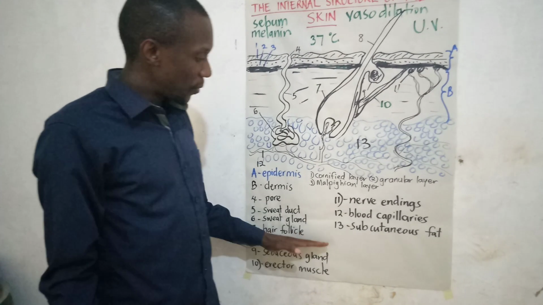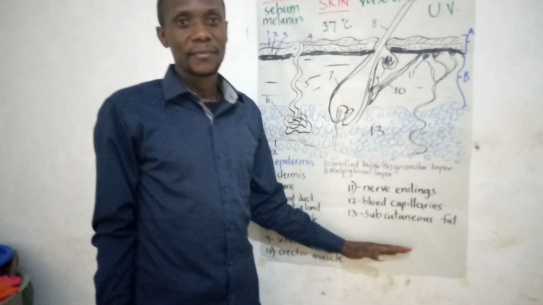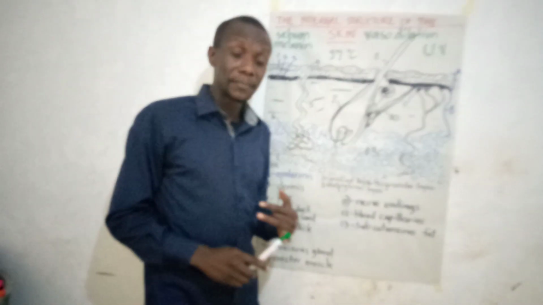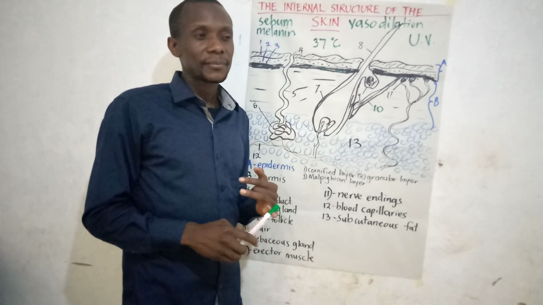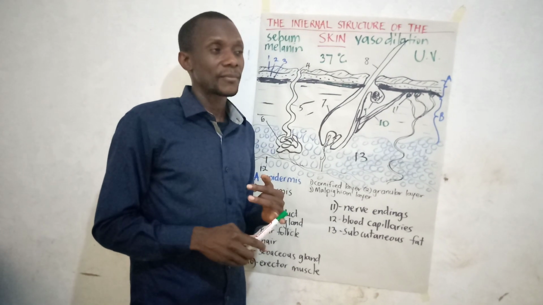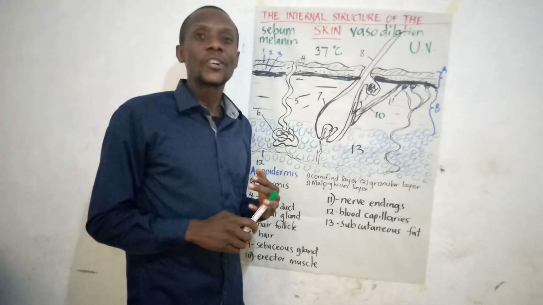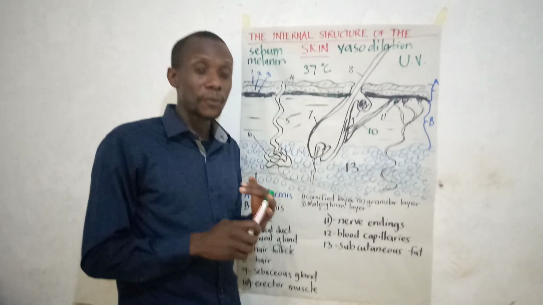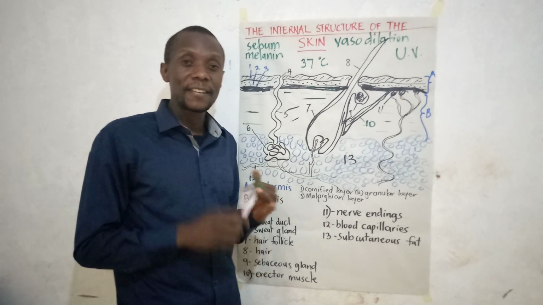Let's go through the disorders of the skin without details. We have albinism. Albinism is a skin disorder where one lacks melanin, and people who lack melanin are called albinos. Then we have another disorder called corns. Many people have corns, especially on their feet. The ones on the feet are caused by wearing tight-fitting shoes.